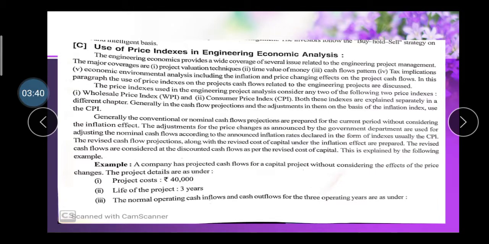So we can easily take the right decision at the right time, and if we find a loss in the project, meaning higher expense than income, we can stop such projects. Okay, so here one example is given to you.